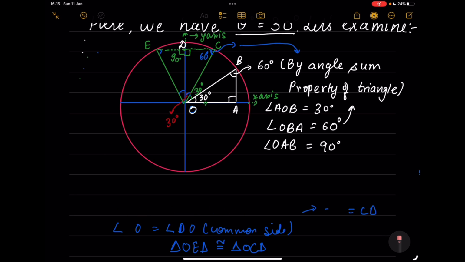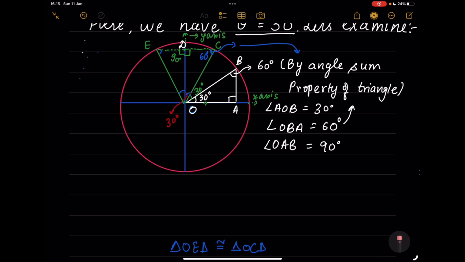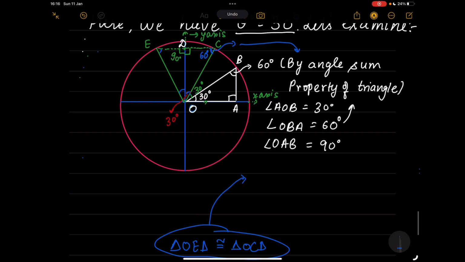Using this congruent property, we'll see that the angles are also equal. Using this congruency of triangles, what do we see? We see that if two triangles are congruent, their congruent parts are also equal. So that means angle EOD is equal to angle COD.